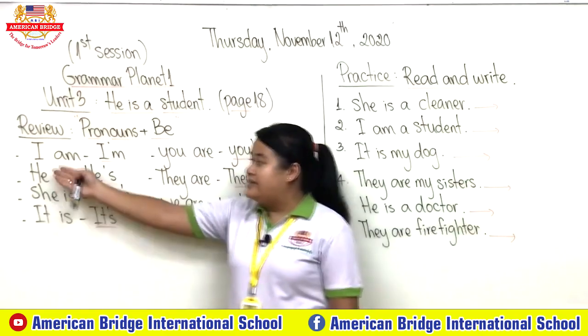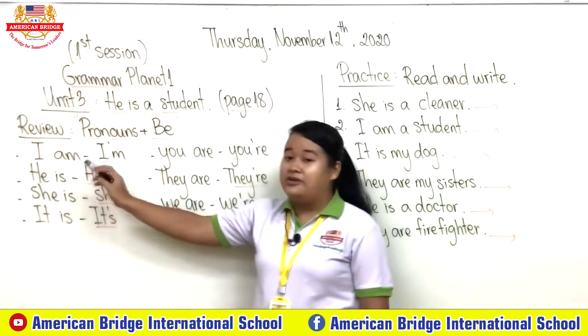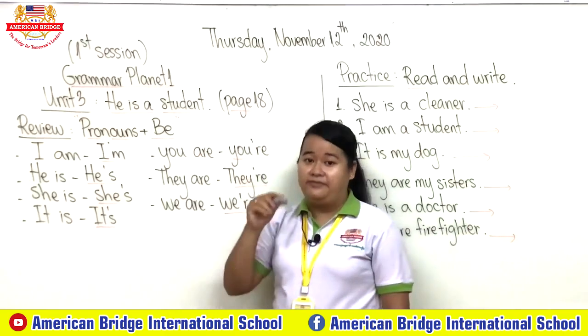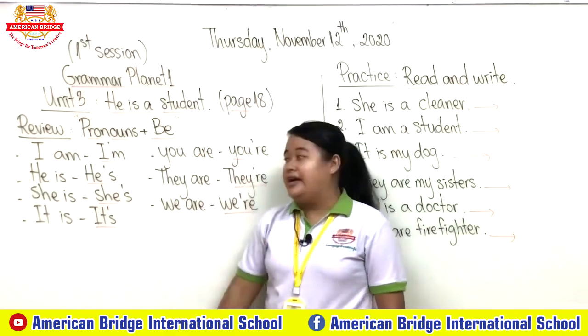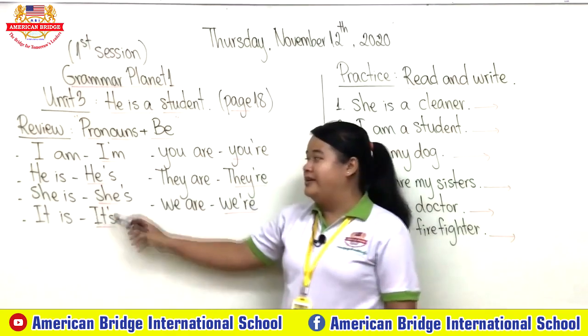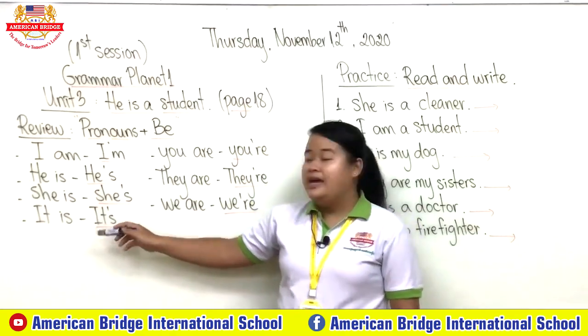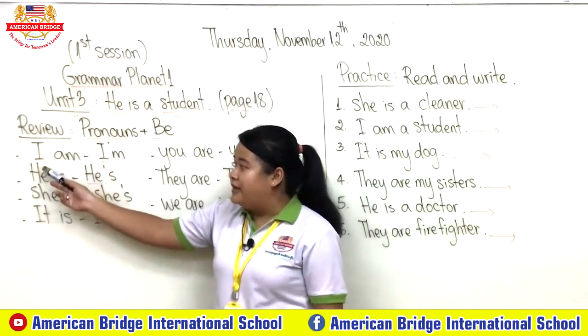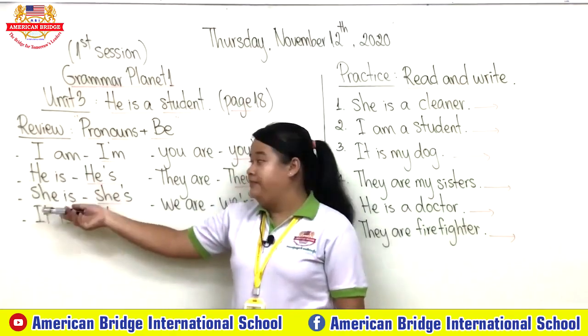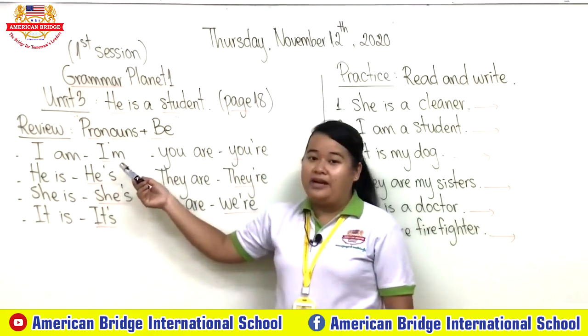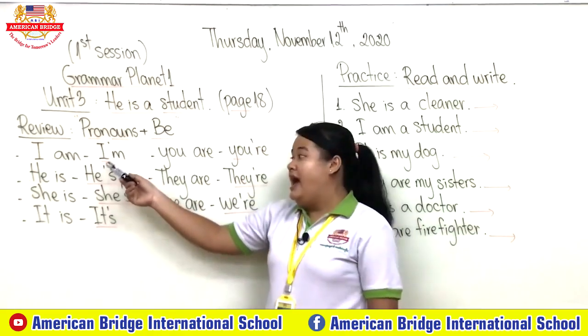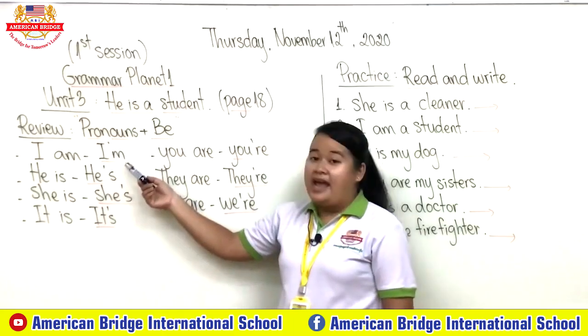Now let's look at this one, I am. You can write it in two ways. One we call the full form and one we call the short form, right? The full form you write like this, I am, and the short form we write like this, I apostrophe m.